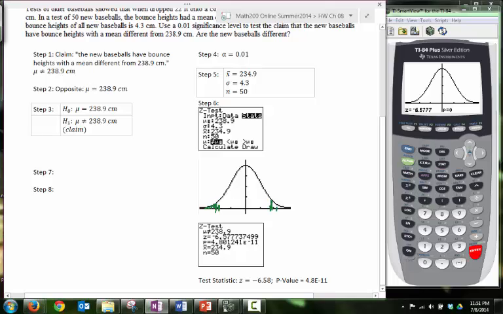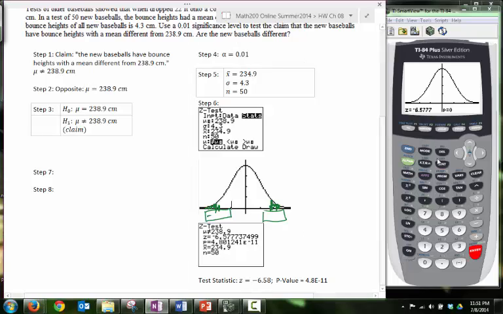So we know that we're going to shade in the values over here in our tail, a two-tail, because of the alternative hypothesis. And our test statistic is negative 6.57, so it's going to be probably in the critical region, but we should double check and find our critical values here. So we're going to get two critical values.